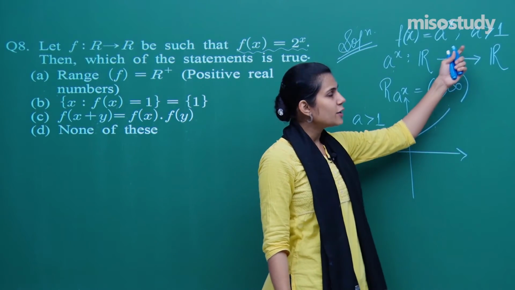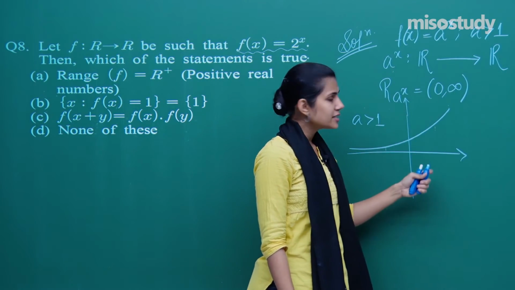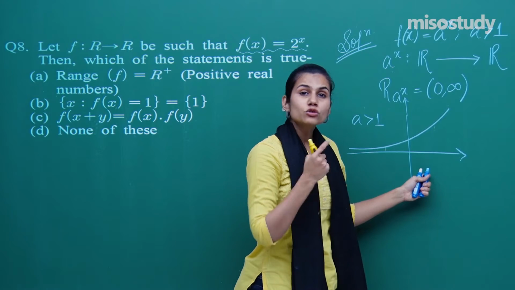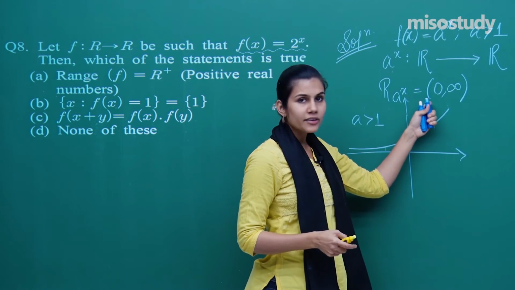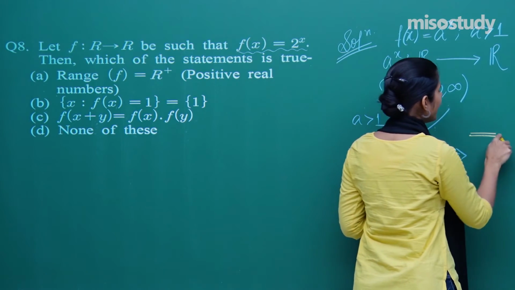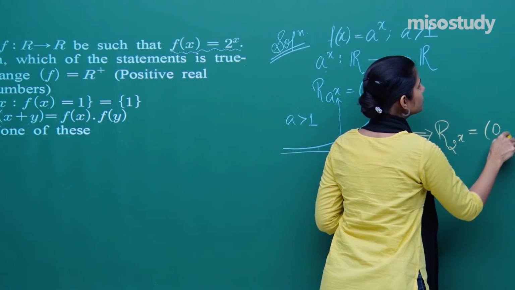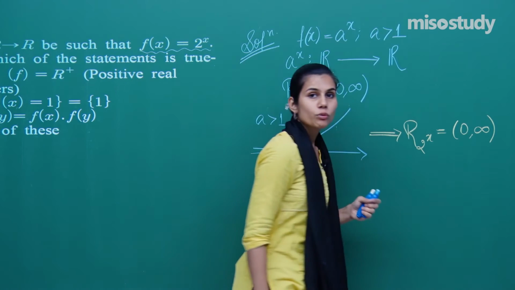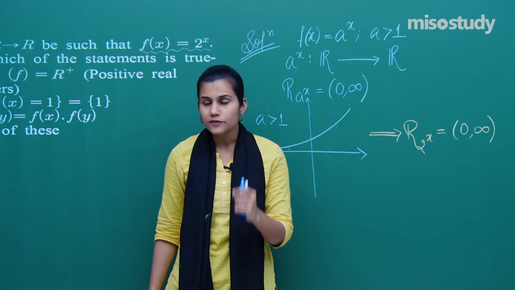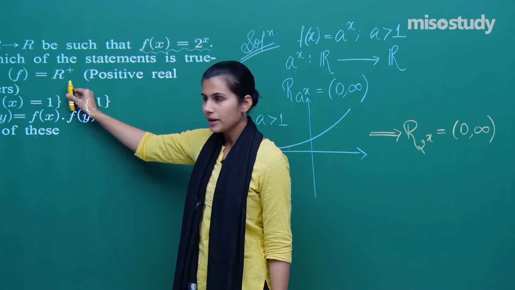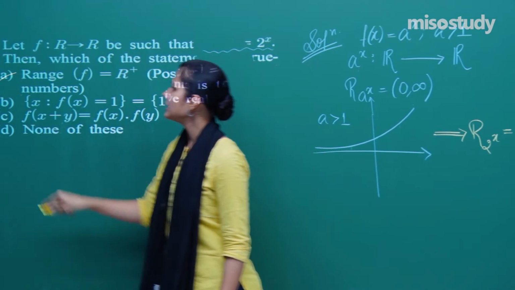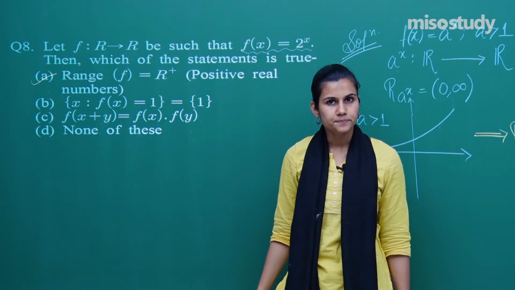So if a is greater than 1, for any a greater than 1, this is the graph. So for a equal to 2 also, this is the graph and this is the range. And thus range of 2 to the power x is also (0, infinity), which is nothing but the set of all positive reals denoted by R plus, and therefore yes, A is very much the correct answer.